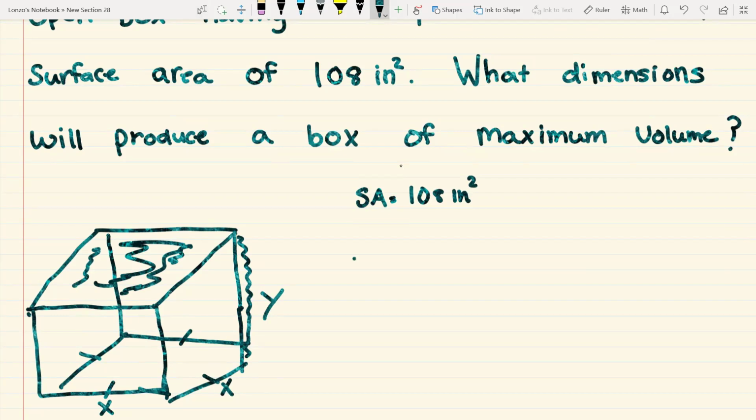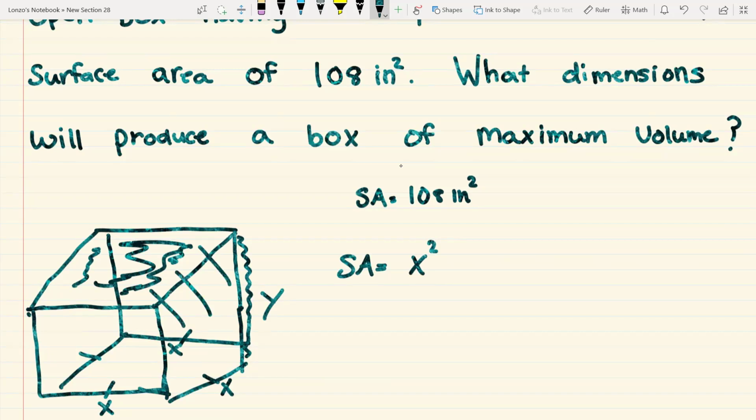Well, we know the area of a square is x squared because x times x is x squared. Now we're taking the area of all sides except for this side. So what about the area of this side? Well, this length is x, this height is y, so that's xy.